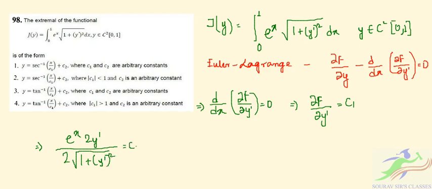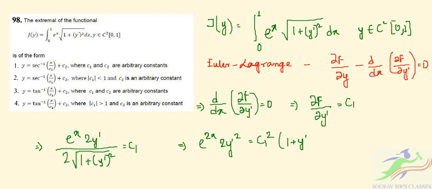This is equal to c1. On squaring both sides, we have e to the power 2x, y prime square, equal to c1 square multiplied by this, it will be 4.